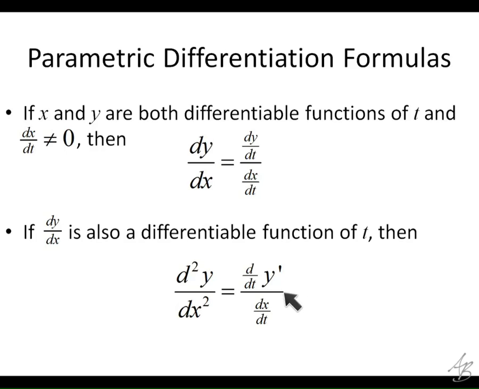This is the way it's typically written. The y prime on top is what we got up here, but y prime is going to be written in terms of t. So we take the derivative with respect to time of that first derivative and divide it by dx/dt, and that's going to give us the second derivative.